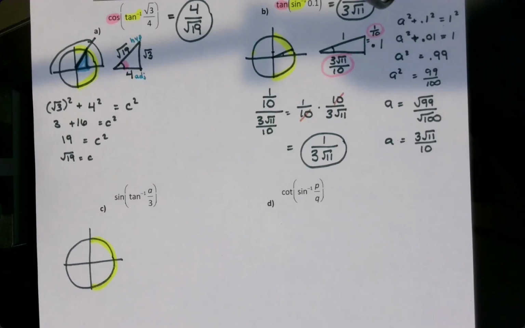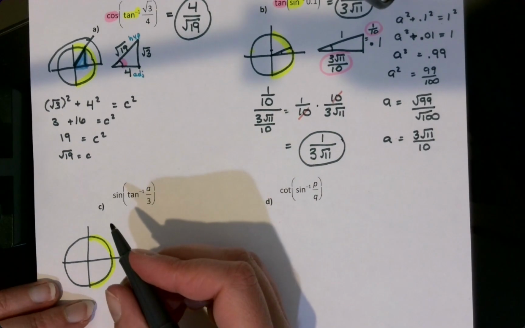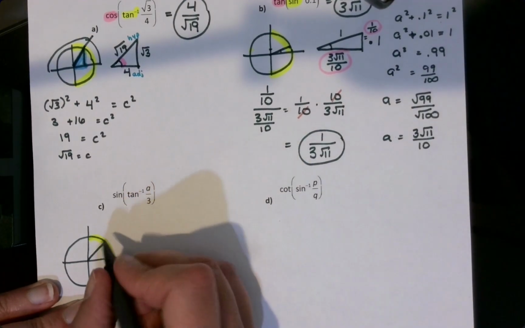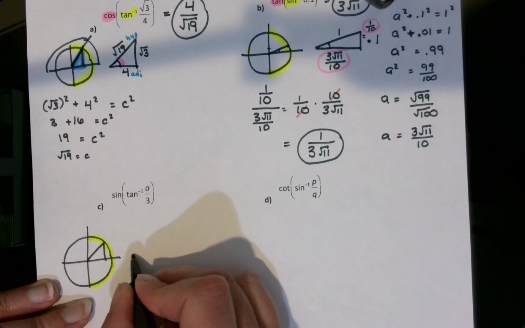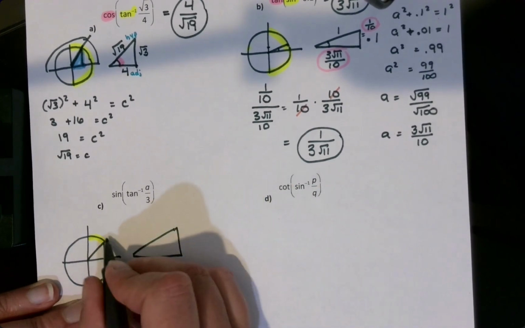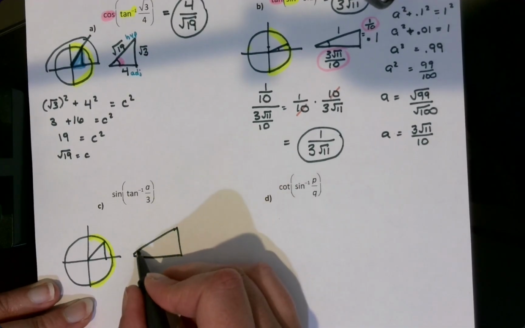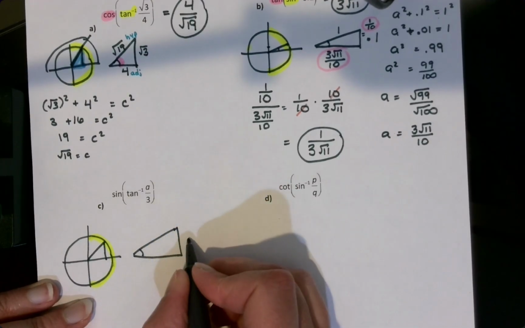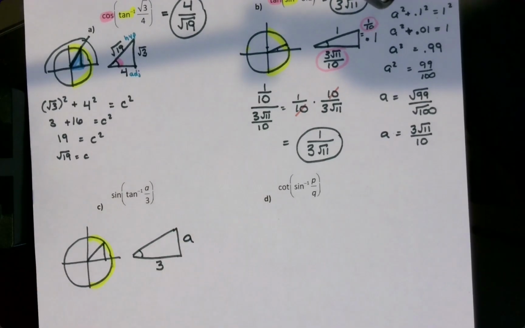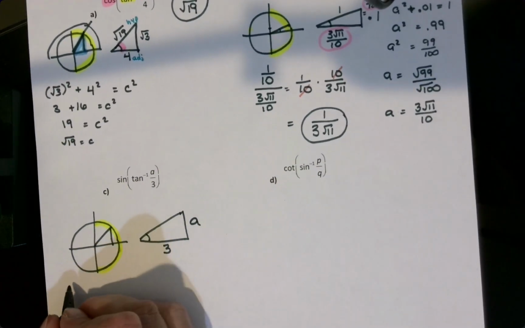It's not something I know, but typically we assume the variables we're working with are positive, which is going to put us up here somewhere in quadrant 1. And if we drop that down, we can draw in what our triangle looks like here. Tangent uses ratio opposite for a over adjacent for 3, and we're going to need to solve for the hypotenuse.